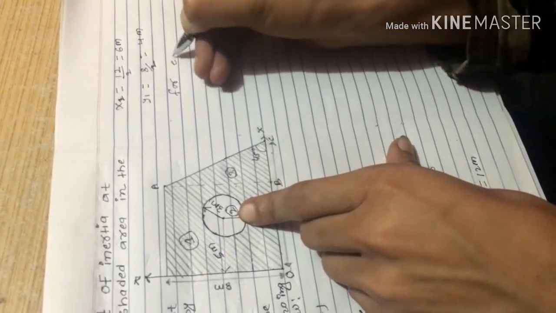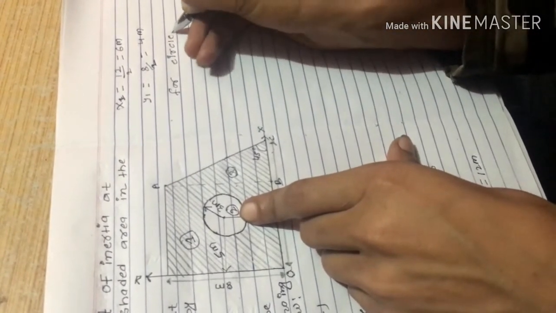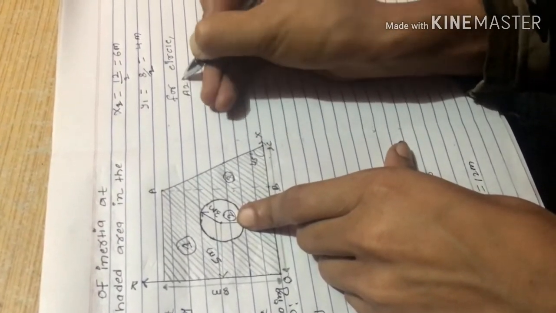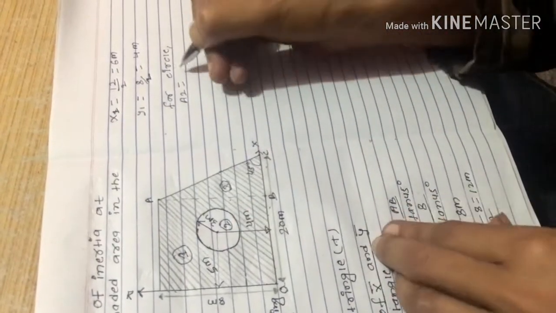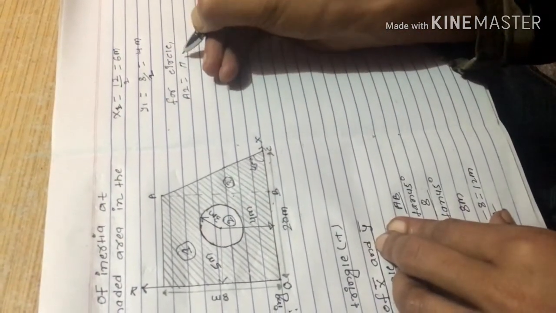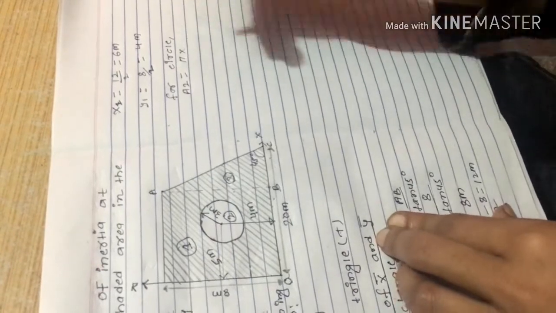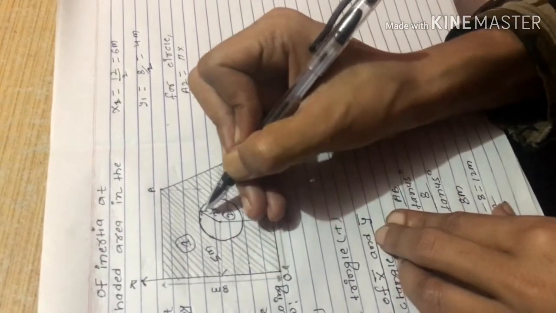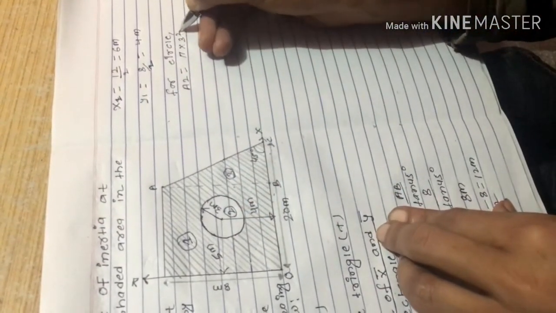For the circle, if A2 is the area of the circle, we know the area of a circle is pi r square. The radius of this circle is 3.